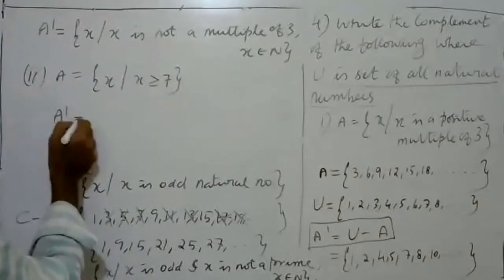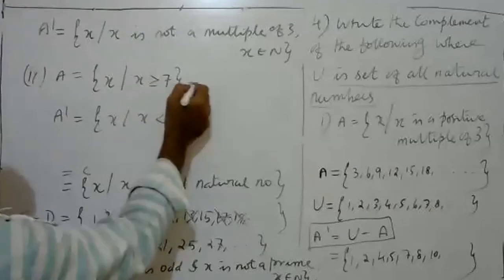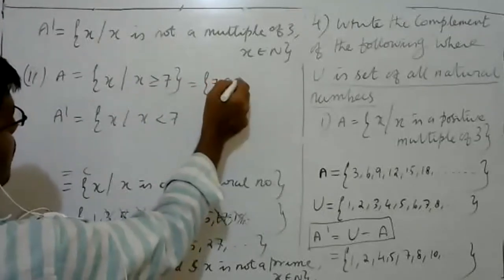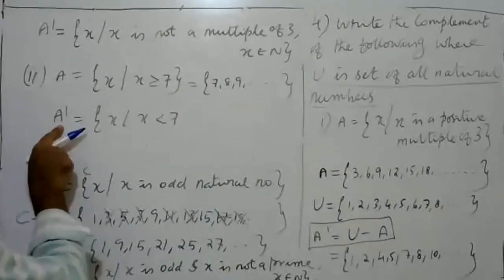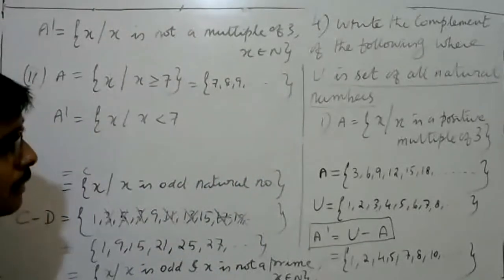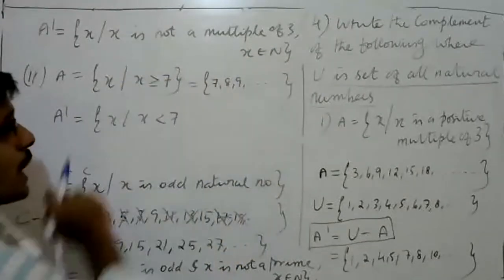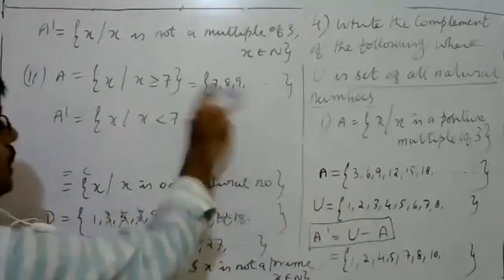Your A complement is equal to the set of all x less than 7. Greater than or equal to 7 means 7, 8, 9 and so on. What is the complement? The complement is U minus A. That means those elements in U and not in A.